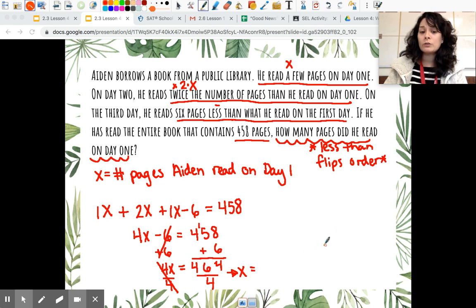And I'm also going to have to do a little work off to the side here. I have to divide 464 by 4. So I'm going to attempt to do that a little small off in this corner here.